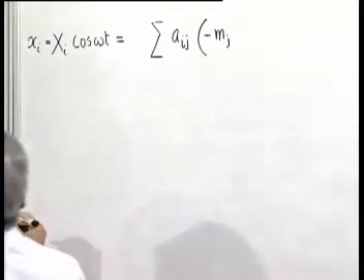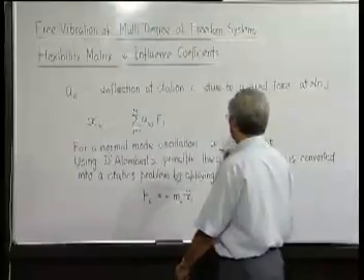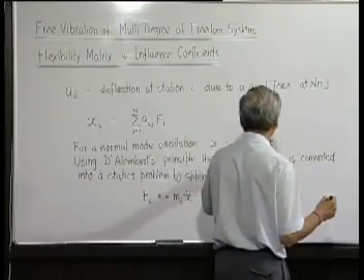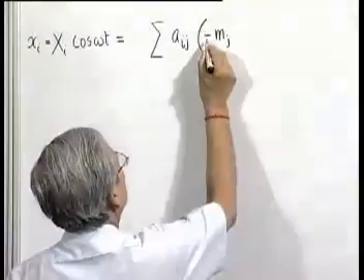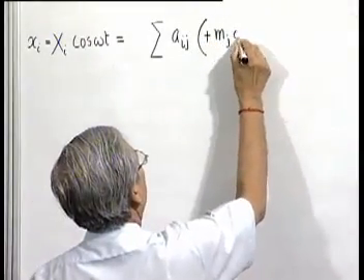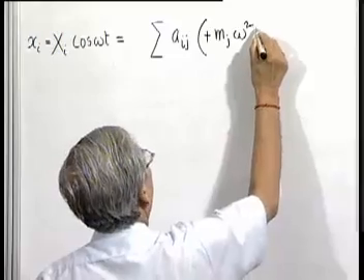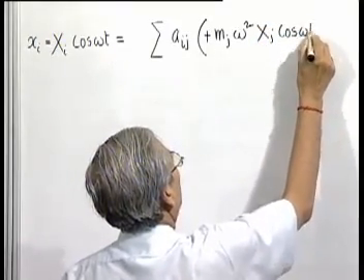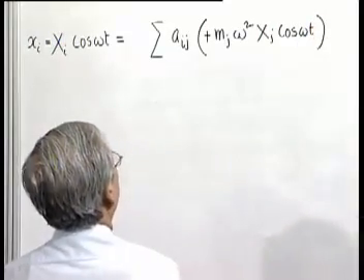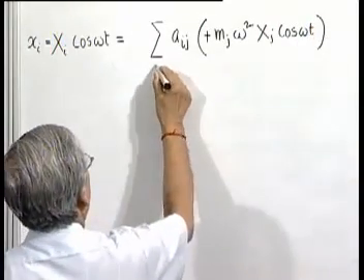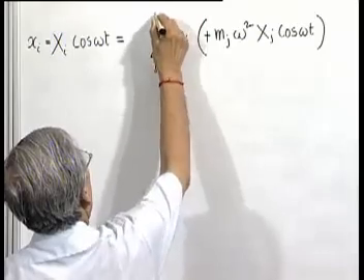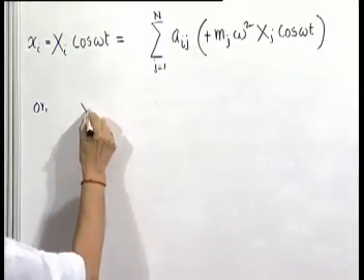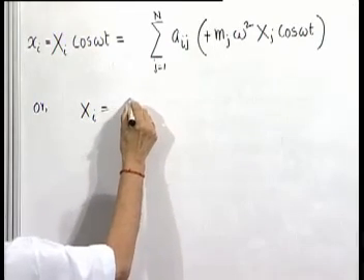If x is equal to this, Xj double dot will be minus, another minus, omega square Xj, summed over all such j's from 1 to n, and we get Xi.